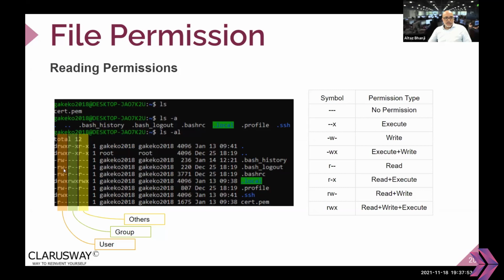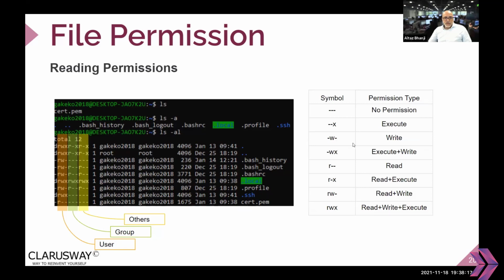Then there's the --x, which is execute. In this case, there are no identities here that have a --x. But if you see a --x, it means I only have the permission to execute. And execute usually goes along with a program or a binary, which is why in this particular example there's no execute.